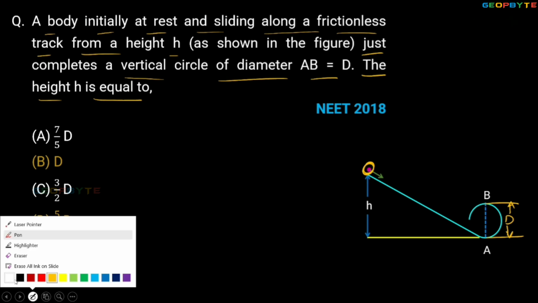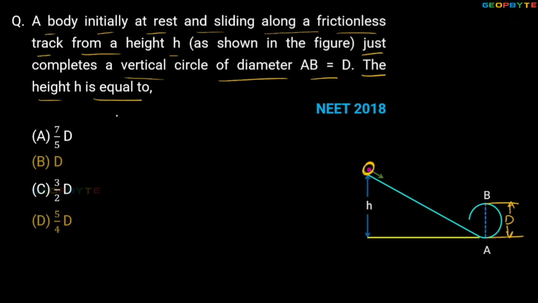Dear friends, remember for completing one circle, the velocity v equal to root over 5gr. This part we have already discussed clearly while discussing the theory concepts. Do you remember? By the time the particle is completing one vertical circle, velocity is root 5gr.